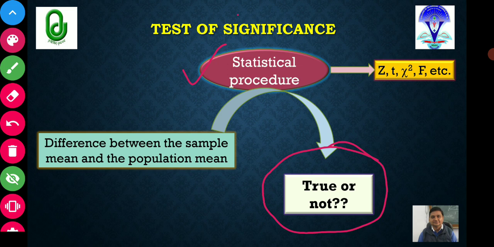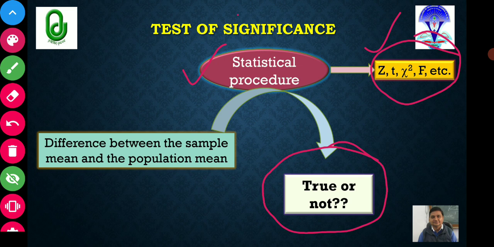And what are those statistical procedures? The statistical procedures are either Z test, T test, chi-square test, F test, or any other test. Regarding these tests, we will be discussing them in later classes. So we have to decide whether this difference between the sample mean and population mean is true or not.